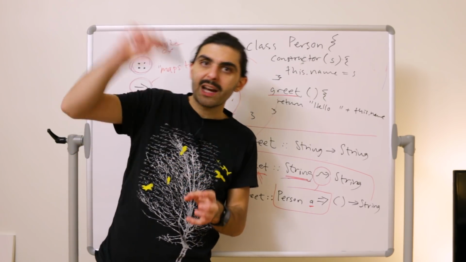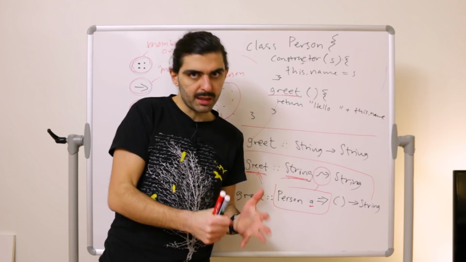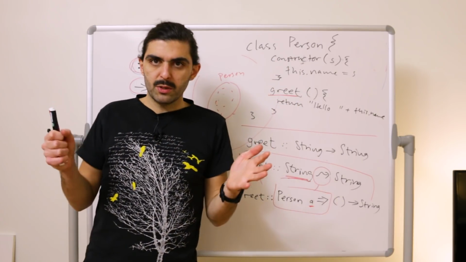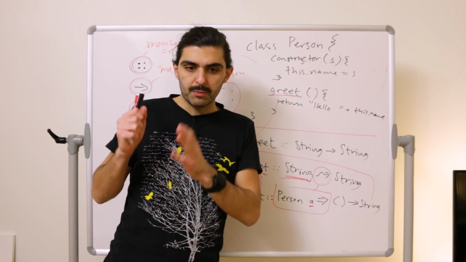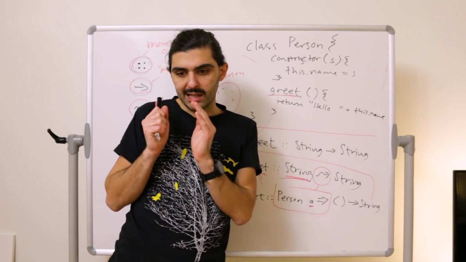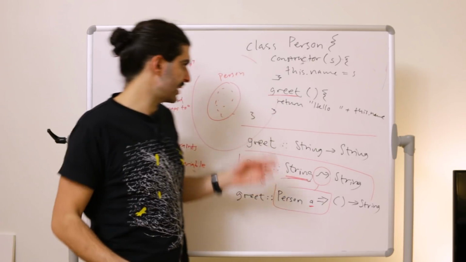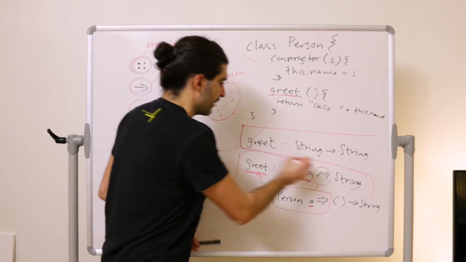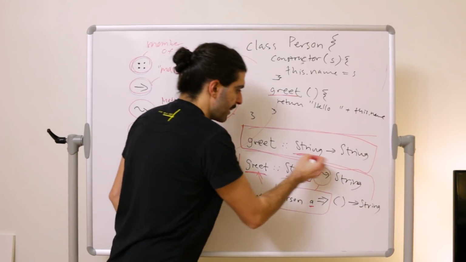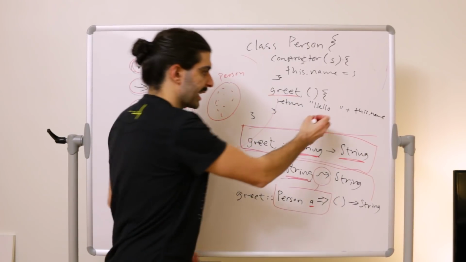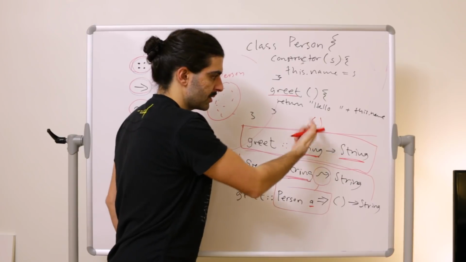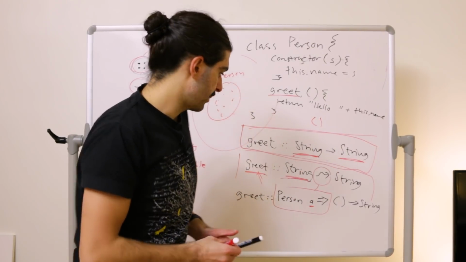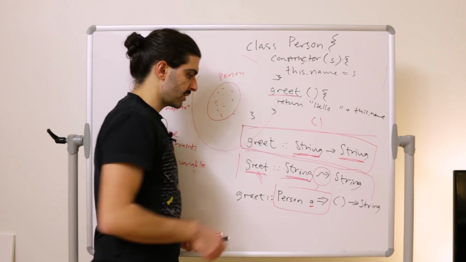If you extract it out and make it a function rather than a method, something that's not an instance member of the class person, then it would have to be a unary function. If greet was defined as a standalone function, the definition would be something that maps from string to string. There's no nullariness, no parenthesis parenthesis, nothing like it doesn't take any arguments when we have a standalone function.